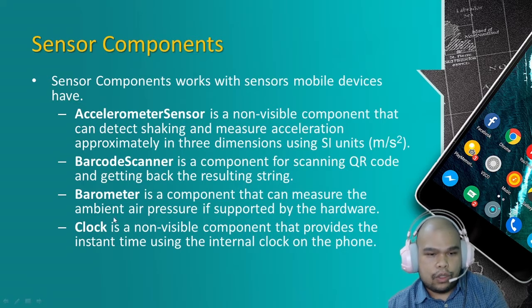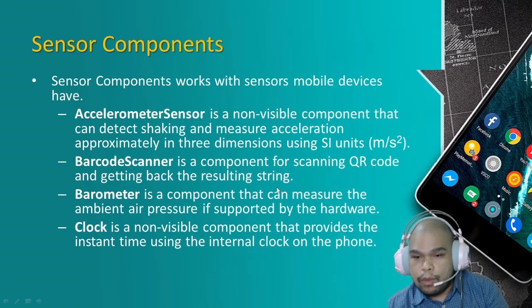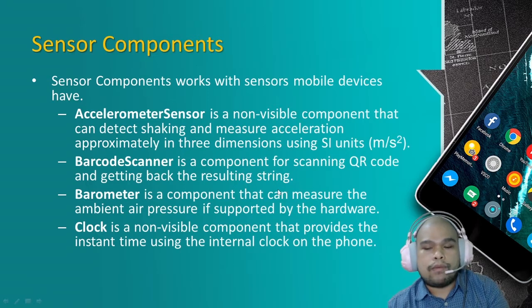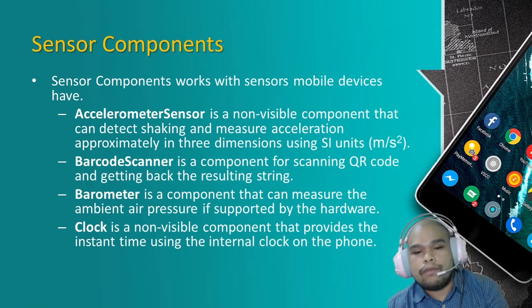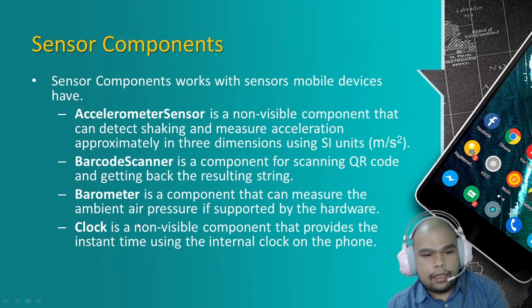So we also have barometer component that can measure the ambient air pressure if supported by the hardware. You can simply assume na yung mga phone natin walang ganyan, but let's say for example you're creating an IoT device, so let's say pwede yan.